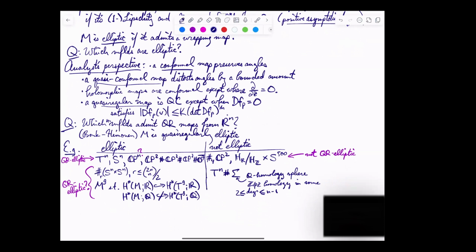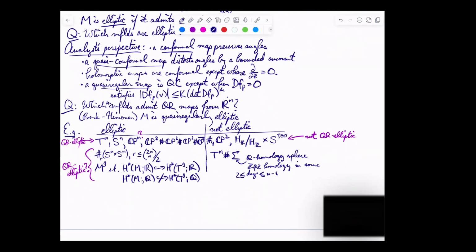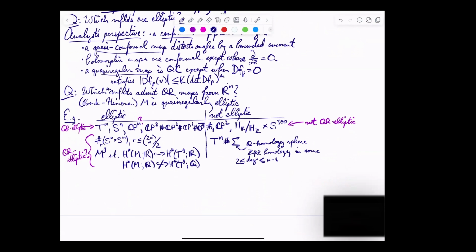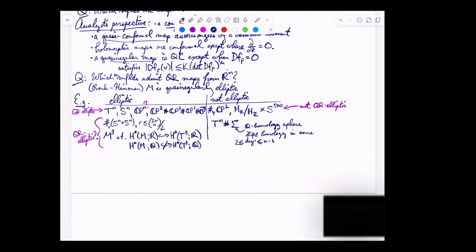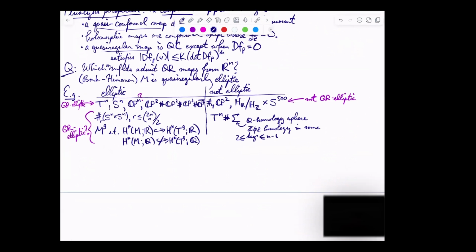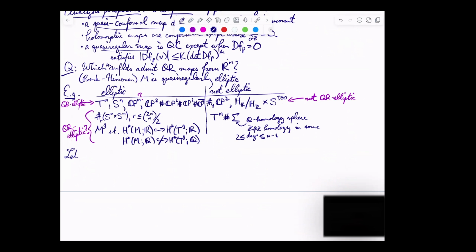Okay, so this is maybe enough examples. Let me give the theorems that these are examples of. These are all closed manifolds, so let's explicitly make M a closed manifold.